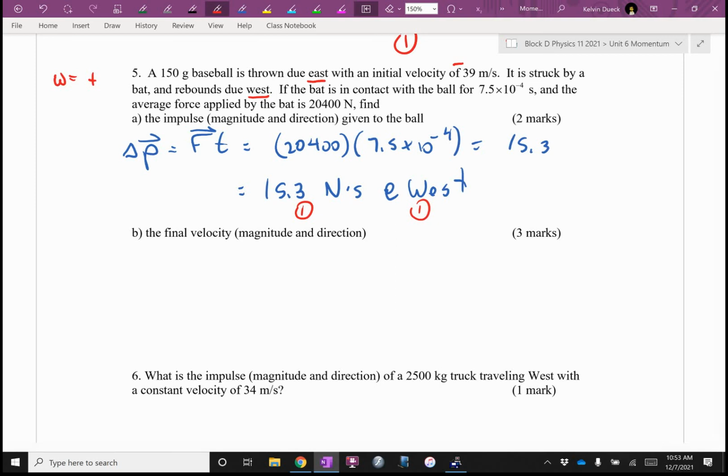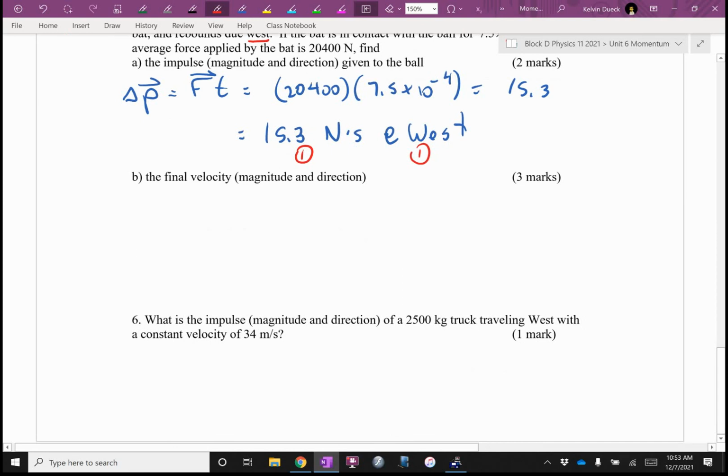Final velocity. Okay, I think what I'm going to do here is a little strange. I'm going to go impulse equals impulse. I'm going to go 15.3 equals mv final minus mv initial.